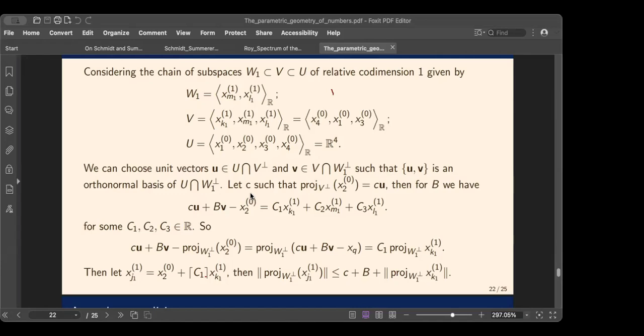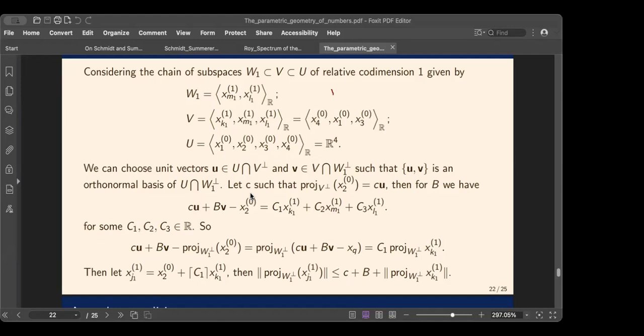This c we can calculate concretely. Then for each b, we have cu minus x2 plus bu. This vector will lie in the subspace V because of the definition.